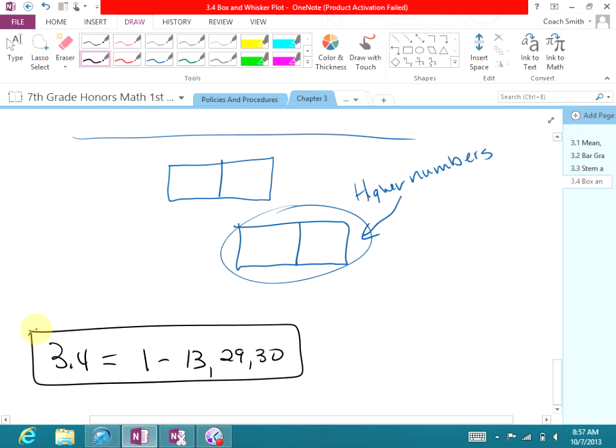Okay? Now, 1 through 5 we've already done. So you just got to look at your notes, because number 5 wants you to do a box and whisker plot of those numbers. Well, we already did a box and whisker plot of those numbers.